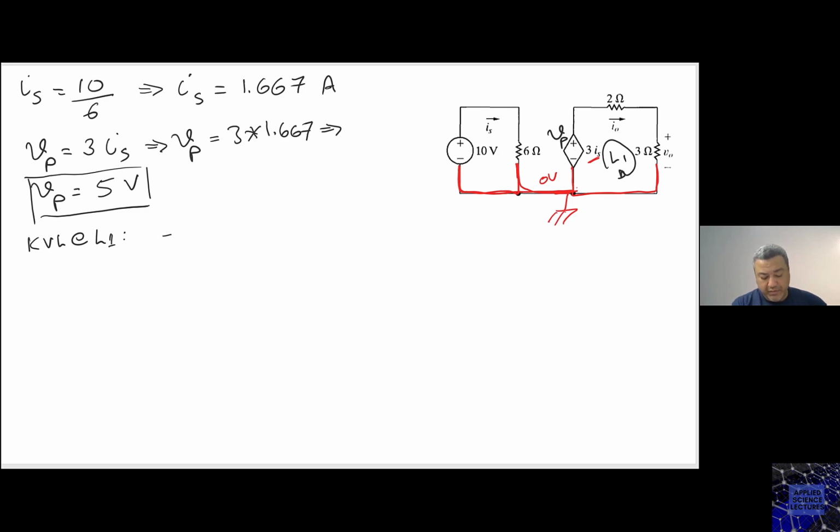Minus VP plus 2 I naught plus V naught equals 0, or V naught is VP minus 2 I naught.